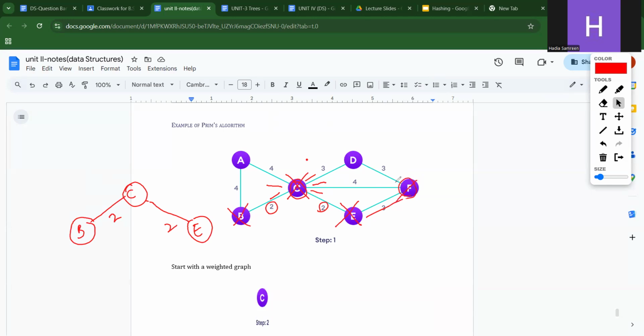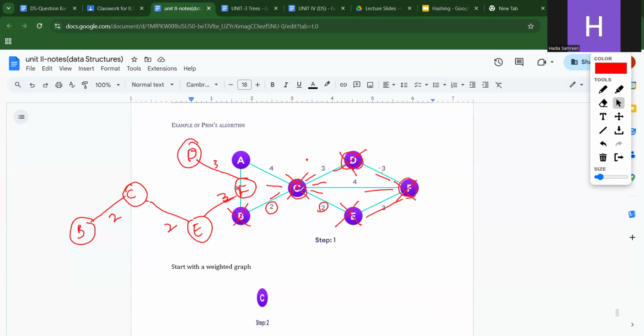So we will visit F, with cost 3. Done. Now, from F, we can go to C and we can go to D. If we go to C, is there any need to traverse C? No, right? And its cost is also 4. So we will go to D and it is visited now.